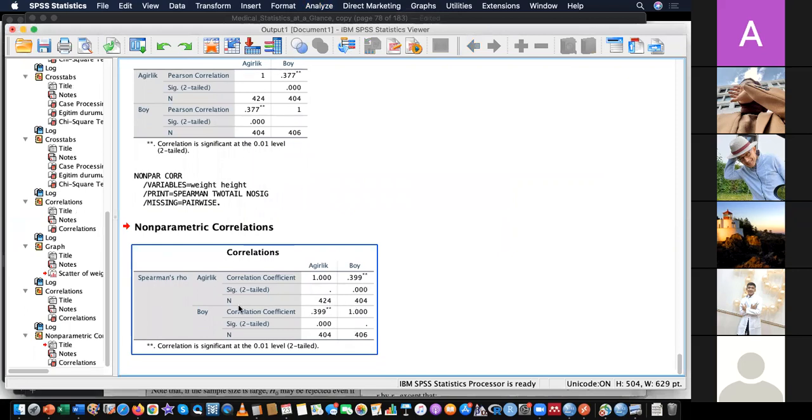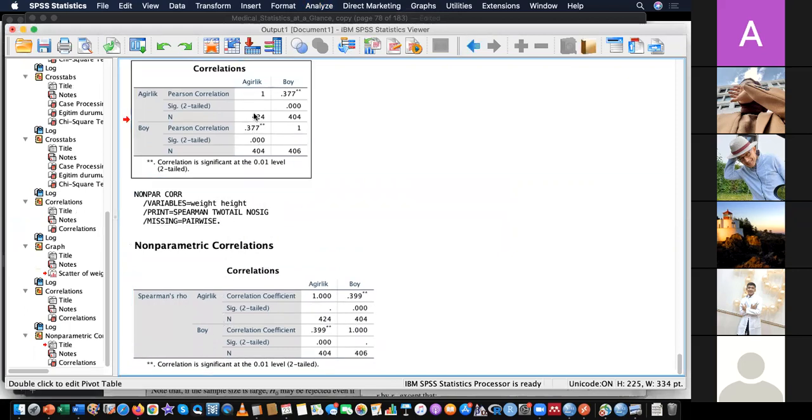You see, here is the Pearson correlation and Spearman correlation. Pearson is 0.37, the R value. For the Spearman, it is 0.39, and both are extremely significant, less than 0.001. Also, the Pearson is less than 0.001.